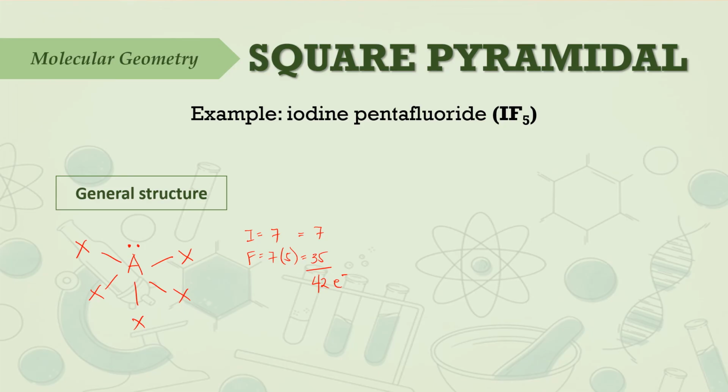If we are now going to draw the Lewis structure, iodine will be the central atom with 5 fluorine. And each fluorine will have to meet 8 electrons each.